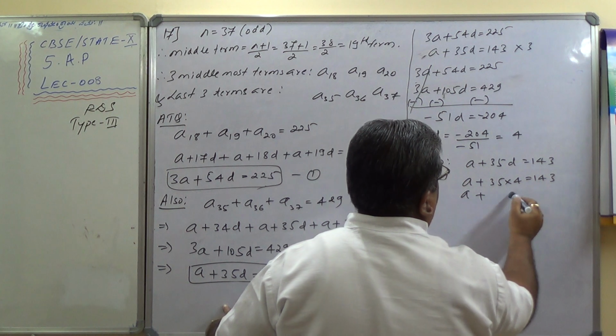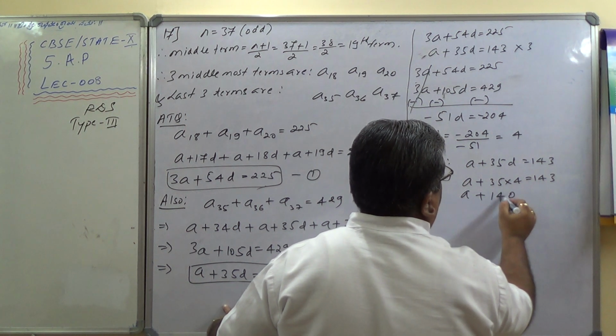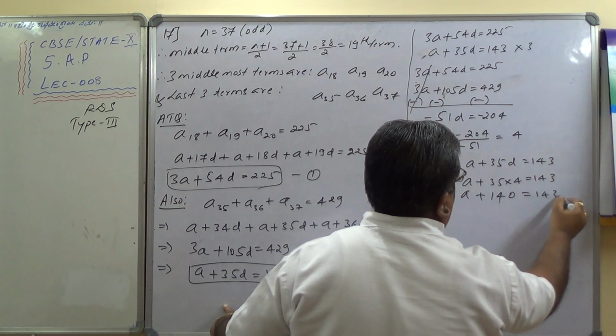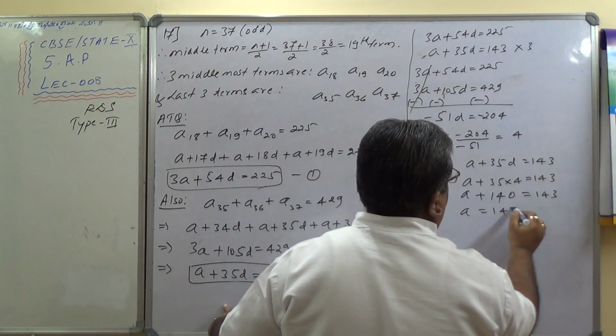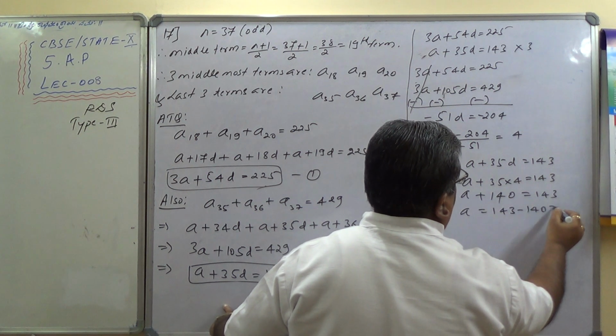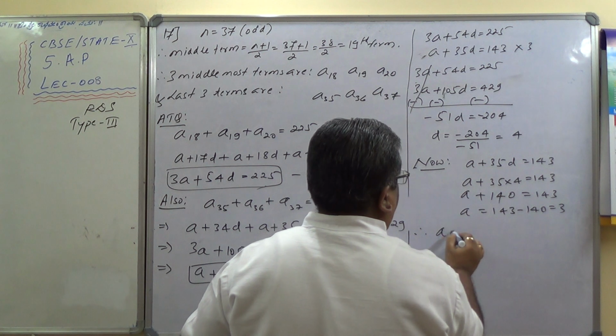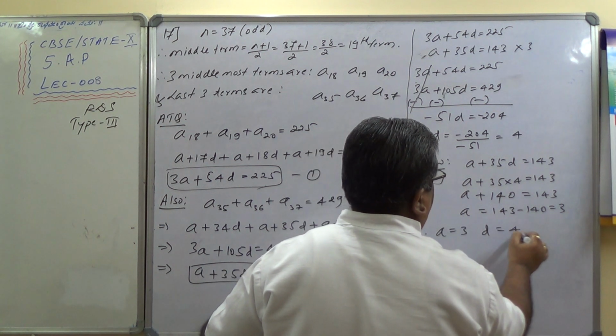A plus 140 equals 143. A equals 143 minus 140, which is 3. Therefore A equals 3 and D equals 4.